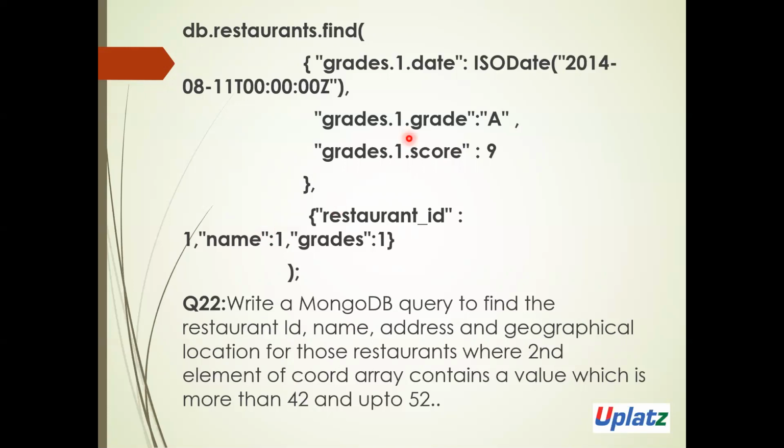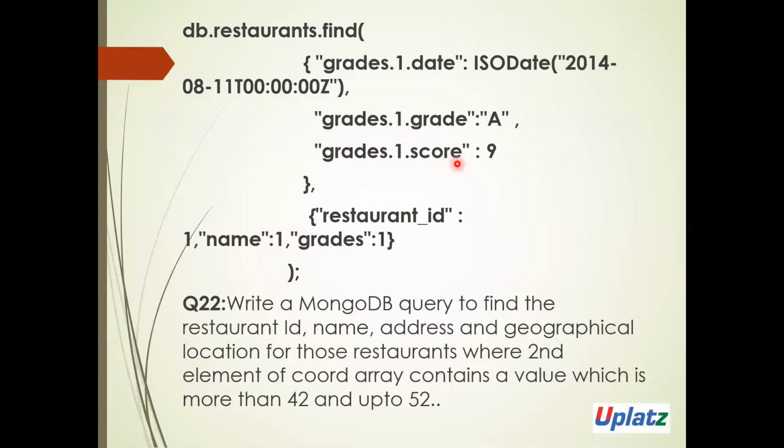Because the date, grade, score, everything is embedded in an array in our document, that is why they have asked for the second element in an array. I want to get a particular field based on the value in the second element of the array: grades dot 1 dot date, grades dot 1 dot grade, grades dot 1 dot score. This refers to the second element.